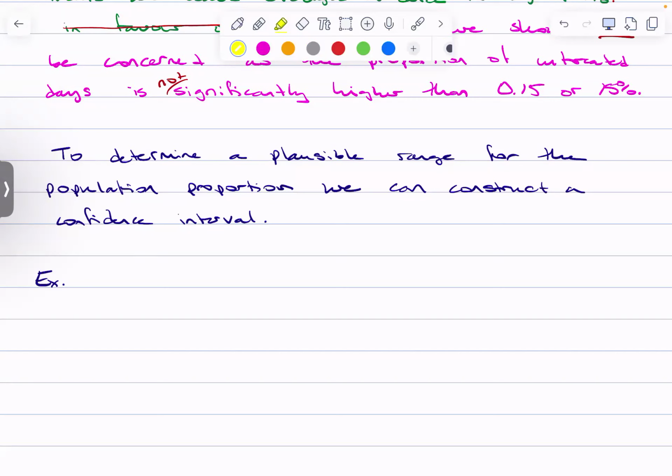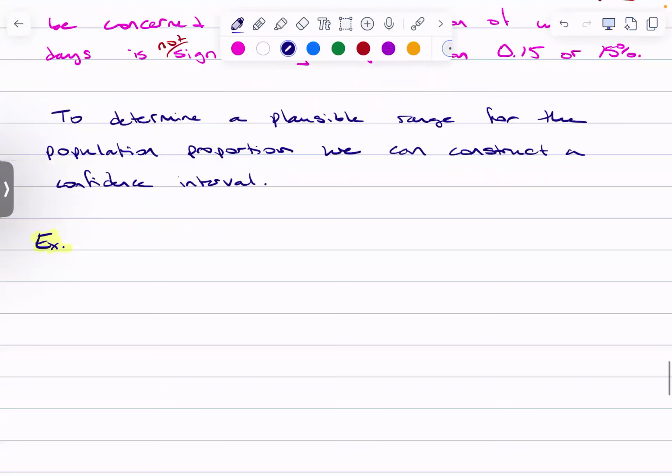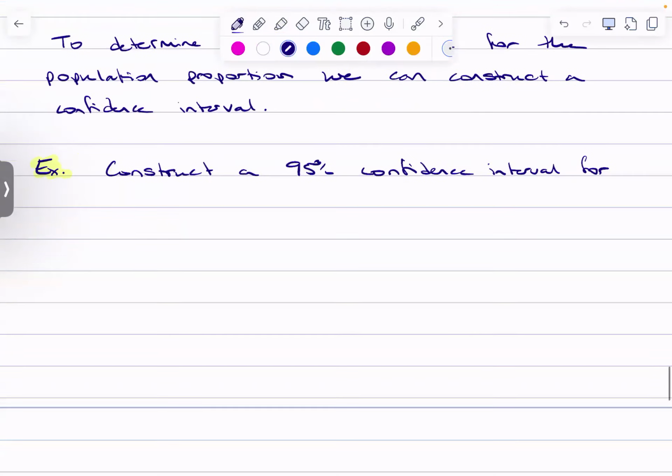So a question might read something like this. Construct a 95% confidence interval for the proportion of untreated days. I'll throw in the true proportion of untreated days.